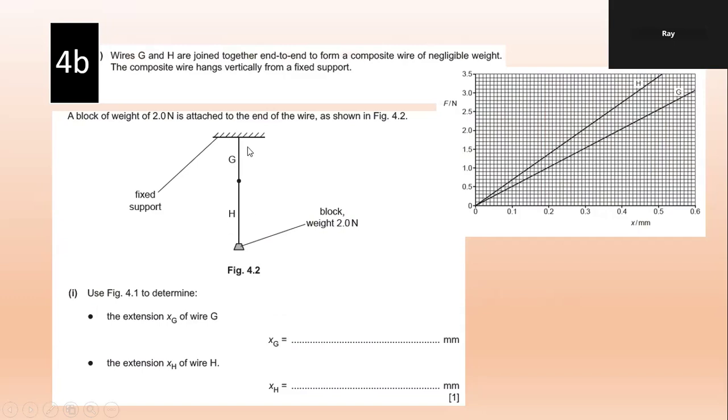Okay, the tension is the same. Both support this force, the tension is this one. So just look at 2 and the extension. Use a ruler to get your extension for H, extension for G, then read it out.